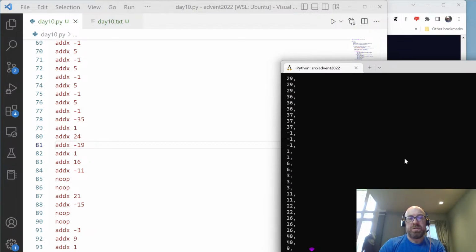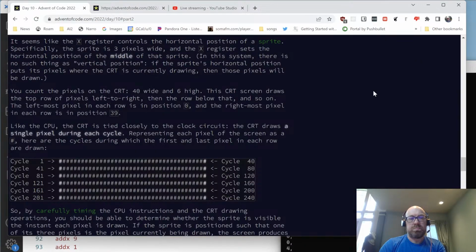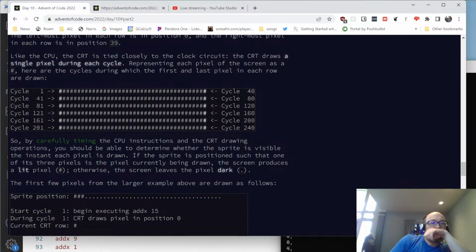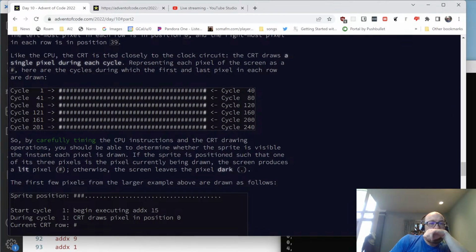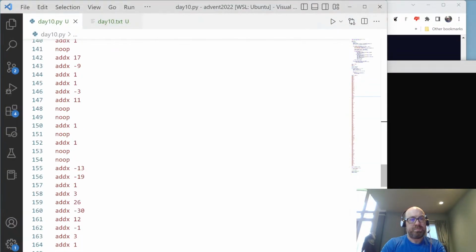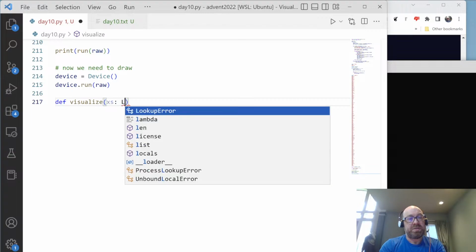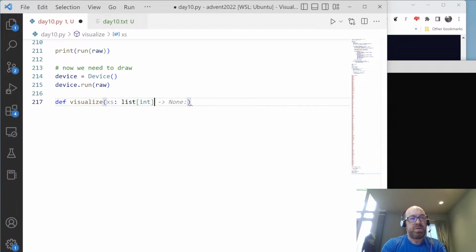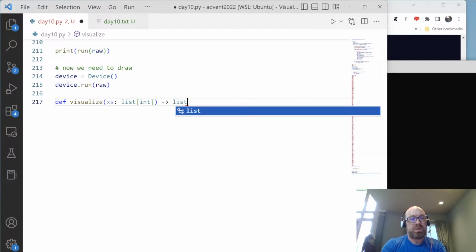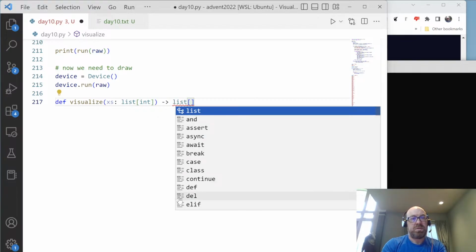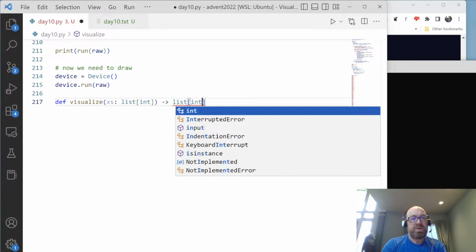So I have all these x's, right? I should be able to determine whether the sprite is visible. If the sprite is positioned so that one of its pixels is the currently lit pixel. Okay, so let's just say def visualize, x's, which is a list of ints, and it is going to return a list of ints as well.